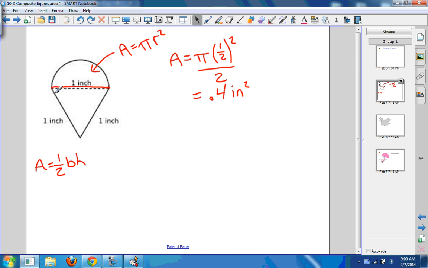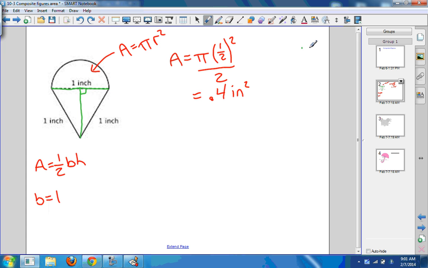All right, now my triangle. It looks like my triangle has a base of 1 inch. So b is going to equal 1, but our height isn't 1 inch. Let's mix up our colors here. If I use this as my base, my height is going to be right there.